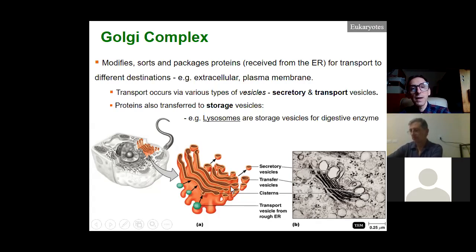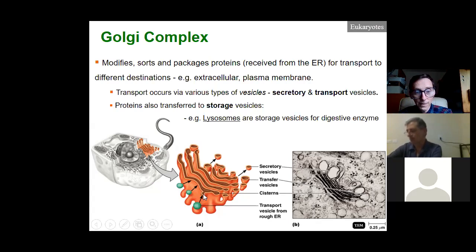The Golgi apparatus modifies and sorts proteins. The proteins are made in the rough ER, and then they're packaged in a vesicle. The vesicles form out of the endoplasmic reticulum, the rough ER, and then bring the protein to the Golgi apparatus, and they join the Golgi apparatus on this side.